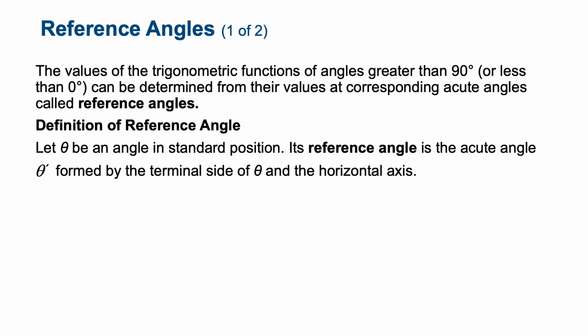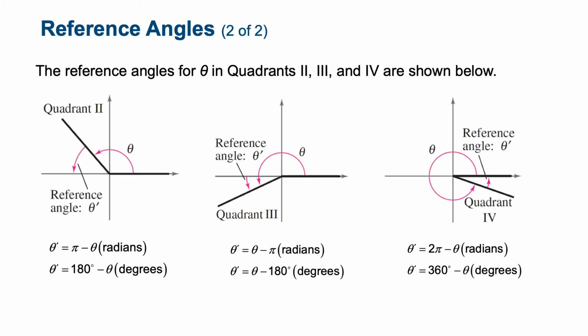It's an acute angle that's formed by the terminal side of theta and the horizontal axis. Let me show you what that means in a picture. Of course, we love pictures. Okay, here are some examples. Obviously, if my angle ends in quadrant 1, we already know that, and we can use what we know.